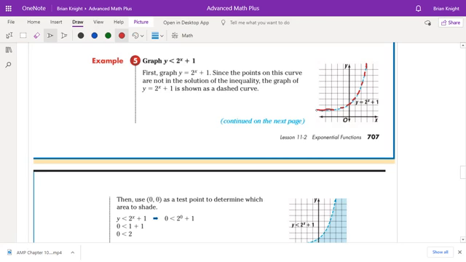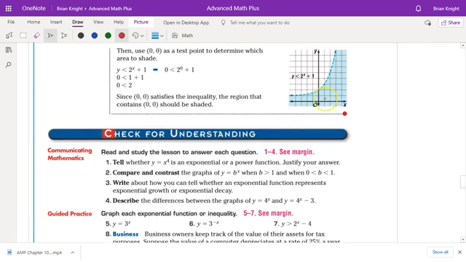Left. Up or down? Oh, up or down. Down. Greater than, I would shade up. So here I'm going to shade everything below it. I guess I was rusty. Okay? Any questions? Oh, there's the book's way. Their shade's a lot better than mine.